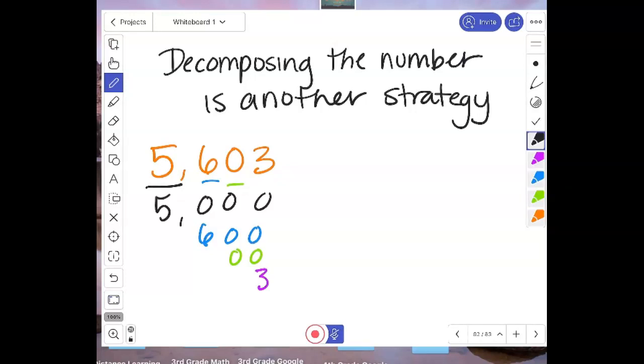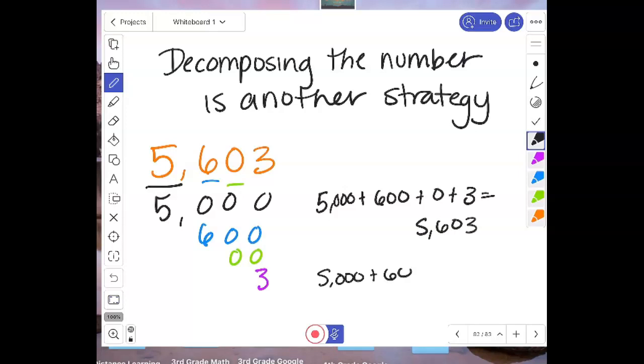So now I can write it out. 5,000 plus 600 plus 0 plus 3 equals 5,603. Remember, I could also write it as 5,000 plus 600 plus 3 because I can ignore the 0. See how my staircase made sure that I didn't miss anything? Helps me to keep organized. It's kind of like a graphic organizer I create for myself.